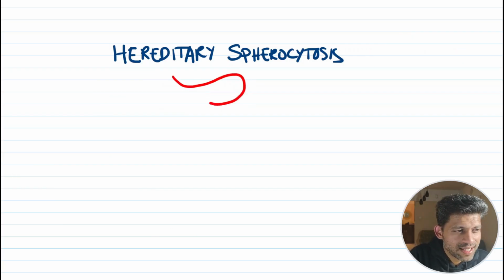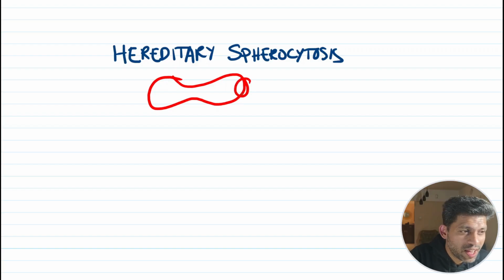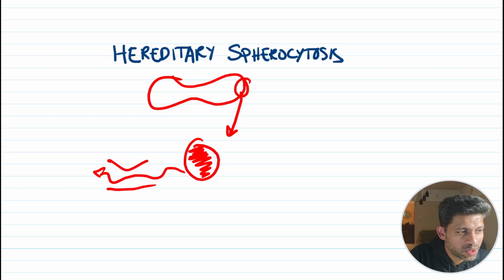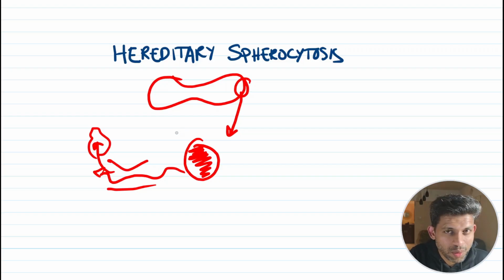To summarize, hereditary spherocytosis is an inherited condition where membrane defect leads to the formation of spherocytes which are rigid and they find it difficult to go through splenic cords and are eaten up by splenic macrophages, leading to extravascular hemolysis, which leads to anemia, splenomegaly, jaundice and gallstones.